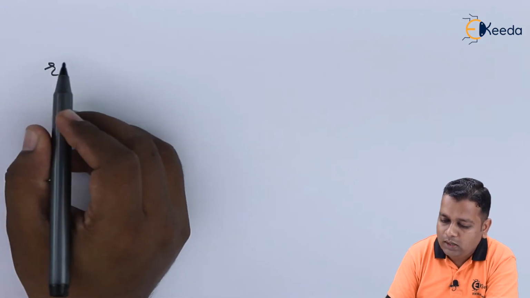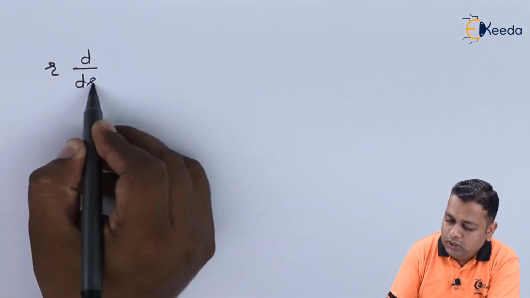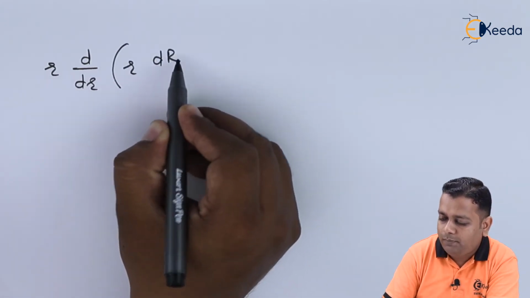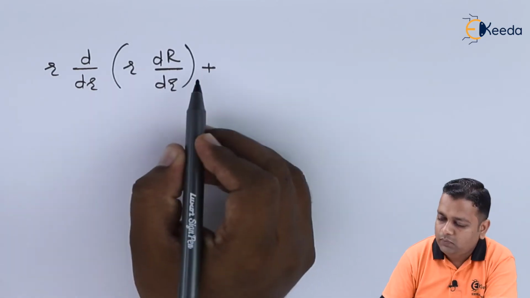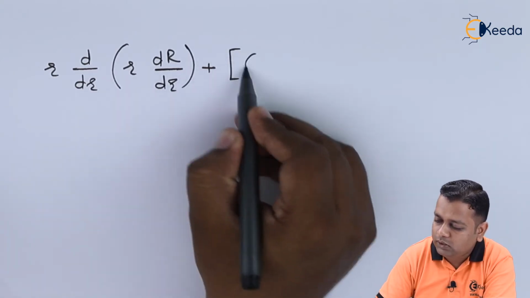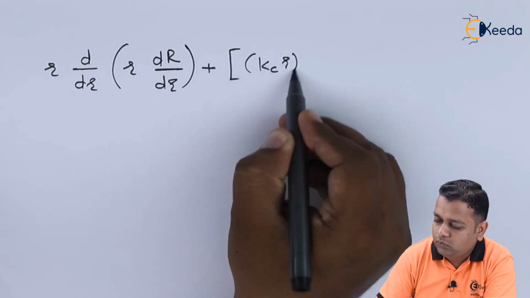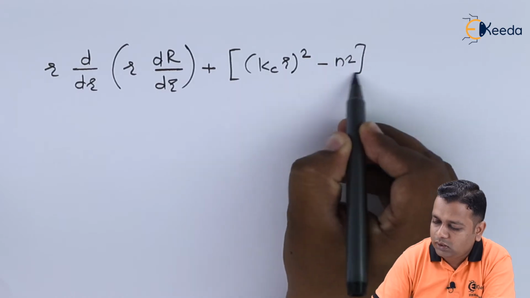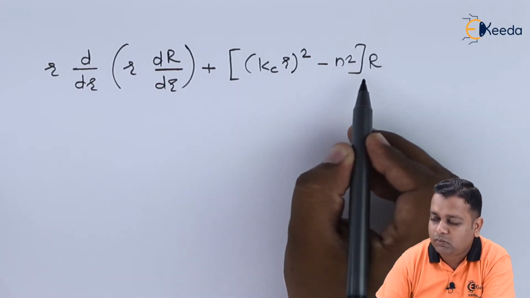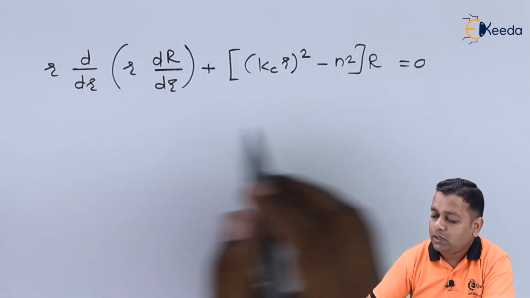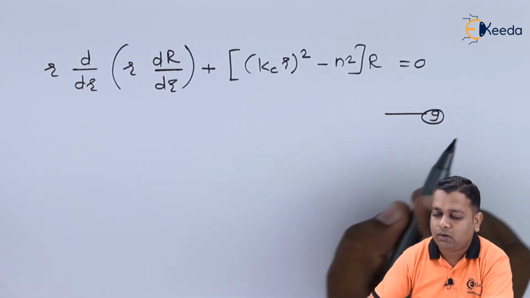Small r into d/dr operating over r, d/dr of capital R, added to the square bracket, which involves kc into small r, squared, minus n square, the square bracket is completed, and it is further multiplied to capital R. This is equal to 0. Let us represent this equation by equation number 9.